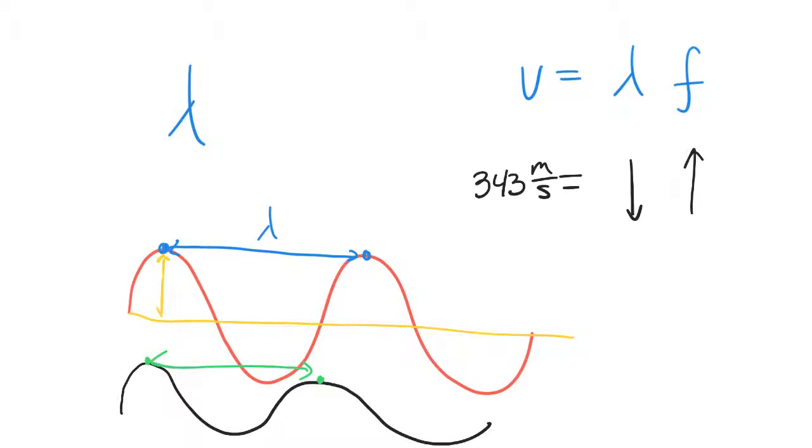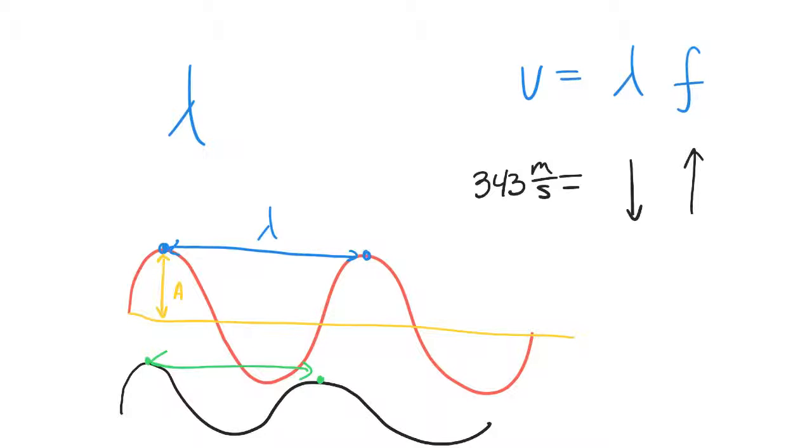The amplitude. The amplitude of a wave is the height of the wave. Remember, folks, amplitude is from the midline to either the top or the bottom. Amplitude is not from the trough or the min to the crest or the max.